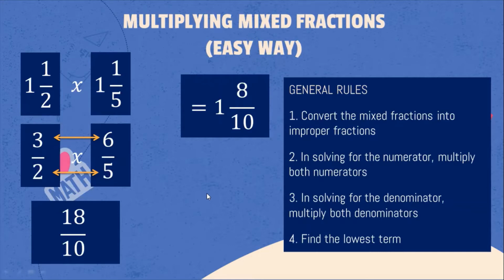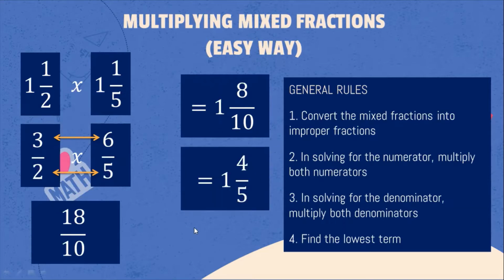That is 2. Very good. 8 divided by 2 is 4, and 10 divided by 2 is 5. Our final answer is 1 and 4 over 5, because 8 and 10 are both divisible by 2.